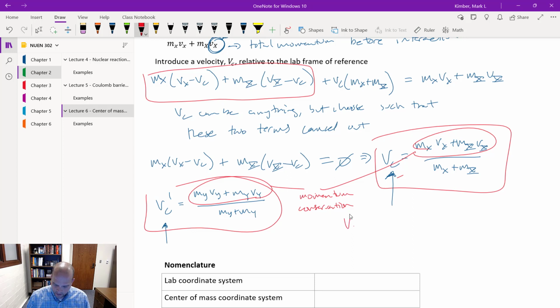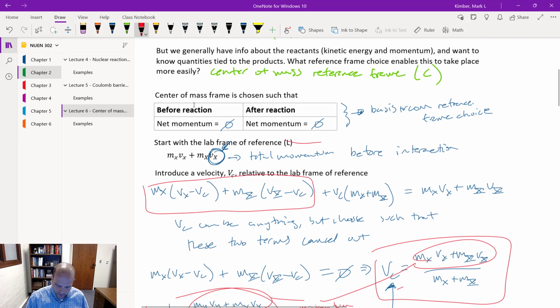That means I can also express this Vc prime as a function of Vc, so this will end up being mx plus mx over my plus my. If I know the velocity of my center of mass reference frame before, I can use this to calculate what velocity of that reference frame I need after, such that both before and after I have a net momentum of 0. That's, again, what we're after here.